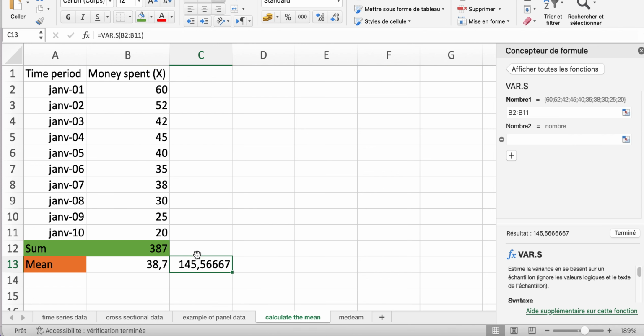So here is our variance. The variance of money spent here is 145.56. Okay, this is how we calculate the variance. My opinion about this is that the variance is very large.